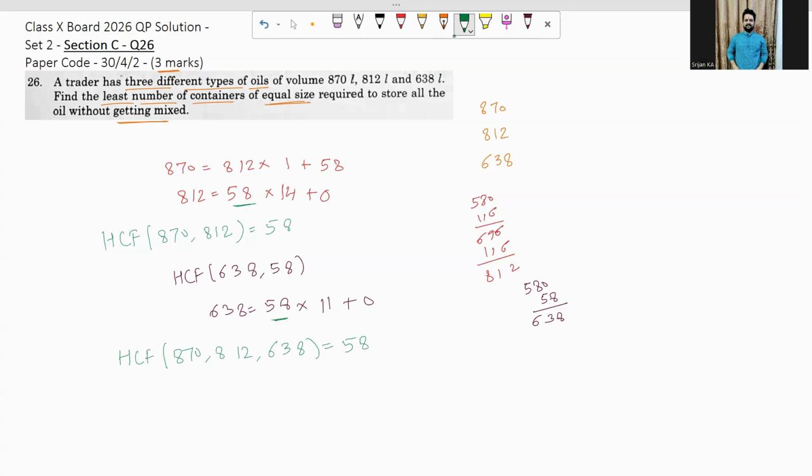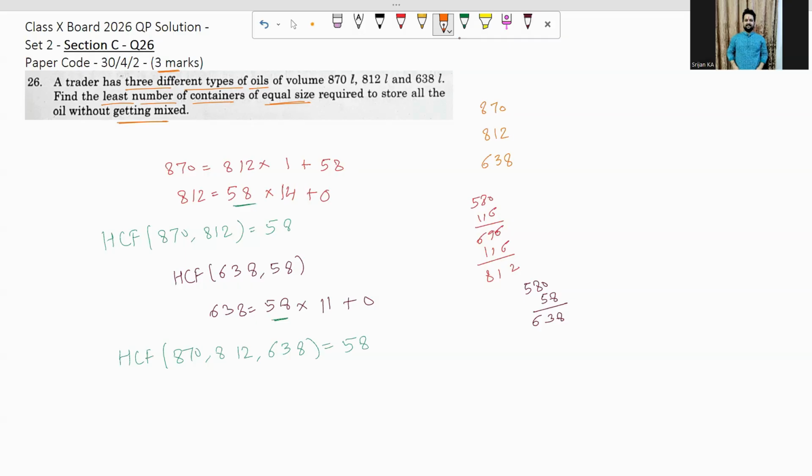And since we have found the HCF, we are able to say that if we have containers each storing 58 liters of oil, there will be no mixing and all will be of equal size. But you have to find how many containers you need.